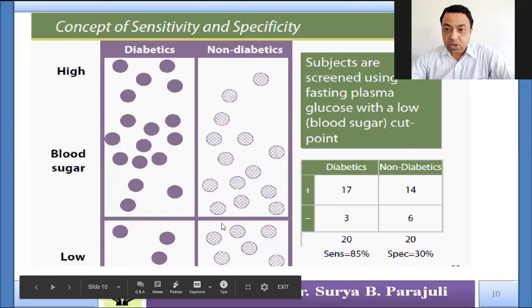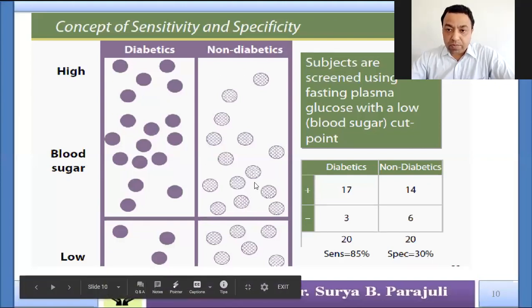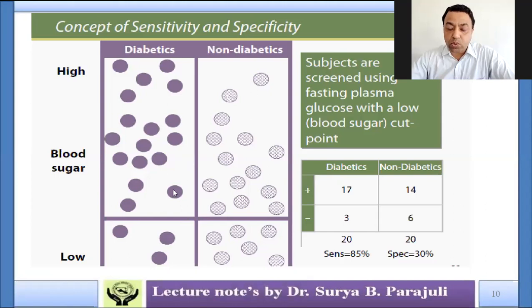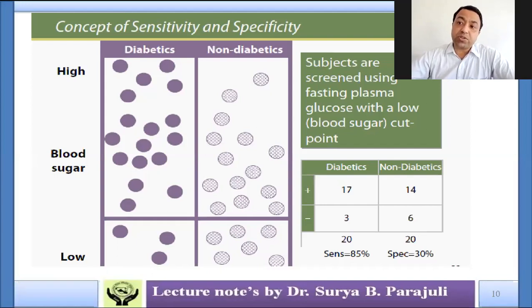If it is lower, what is our goal? Our goal is we try our best to include all possible cases of diabetics from the community, but it severely decreases our specificity. We are not specific, so we are more sensitive because our goal is to pick more diabetic cases.